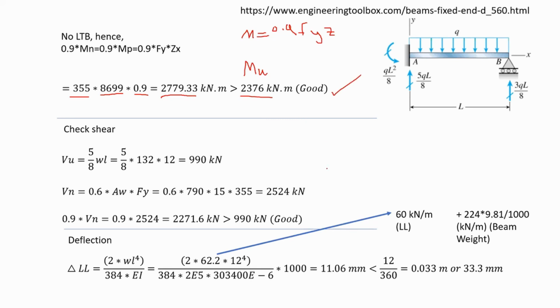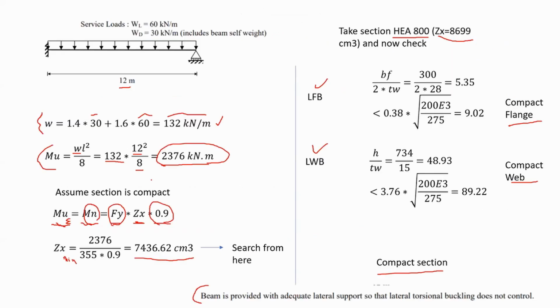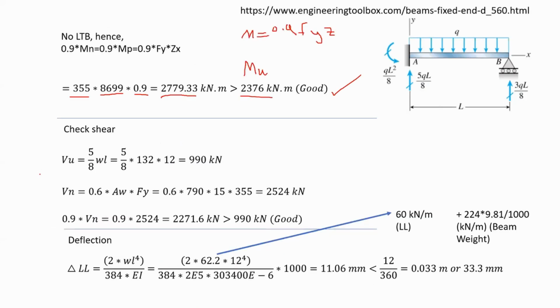Now I have to proceed and check for the shear. I want to check for the shear capacity, if it's adequate or not. So again, similar to what I have done in here, I consider the ultimate moment by the distributed load, Mu. Now I have to consider the ultimate shear force that is applied on my beam. In order to do that, you consider the ultimate shear that you would have.